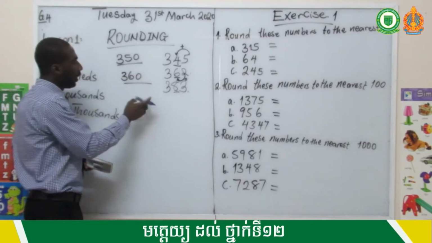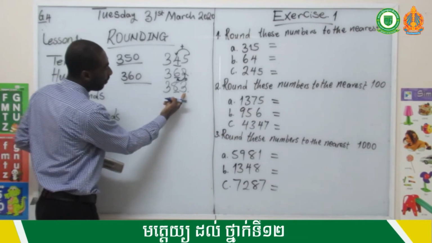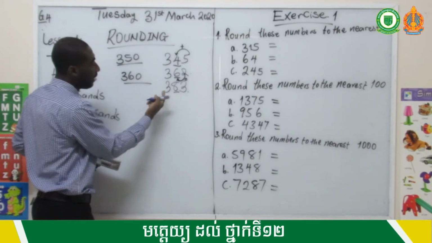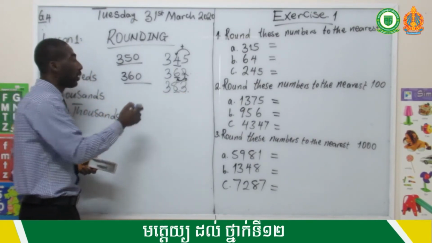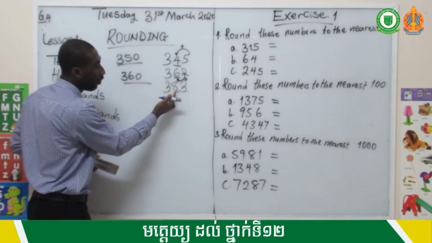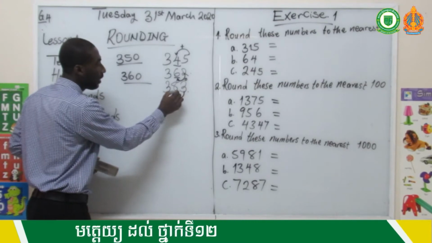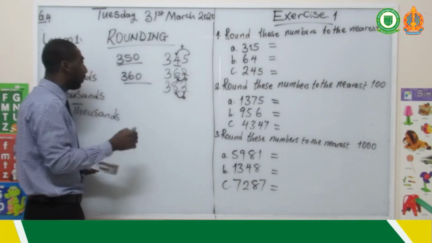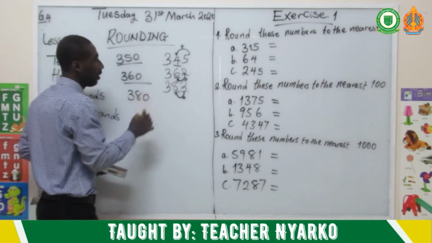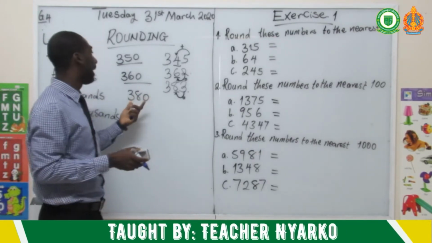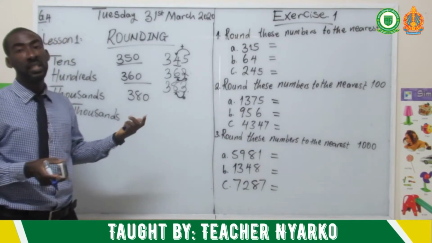Okay. The same way, if you look at the 3 and the 8, we are looking at the nearest 10. So your 3 here is less than 5, so it can also not give any points to your 8 here, so we have to round down. So this number changes to 380. This is how we round to the nearest 10.